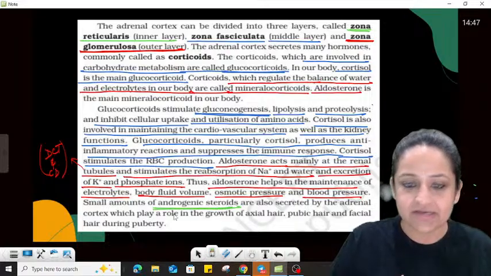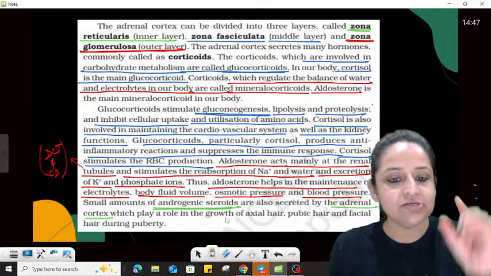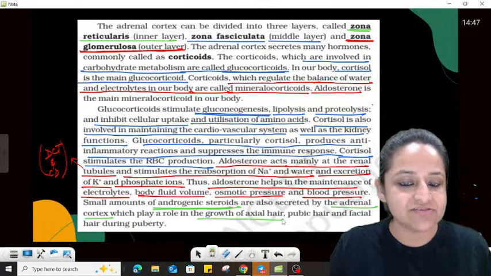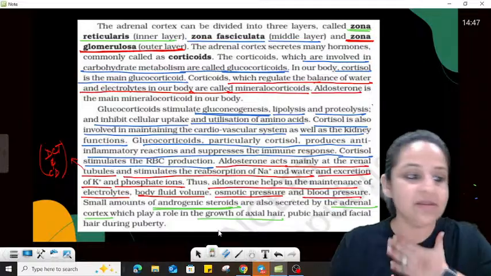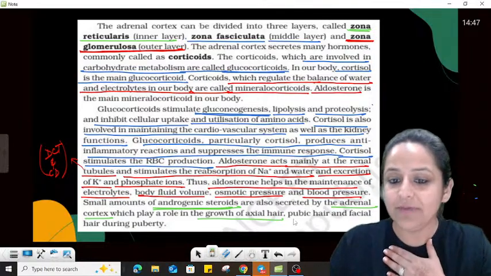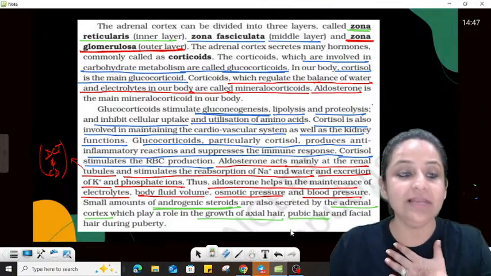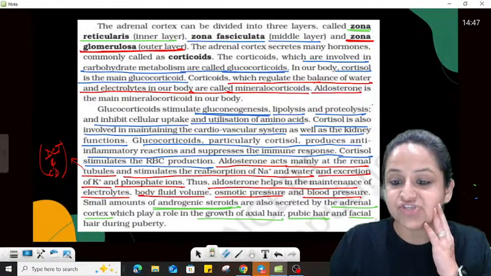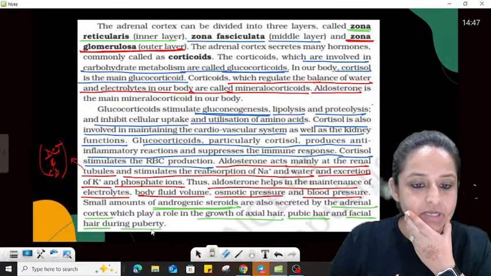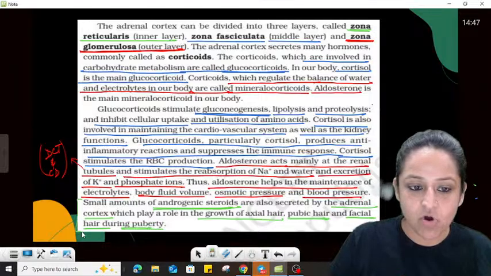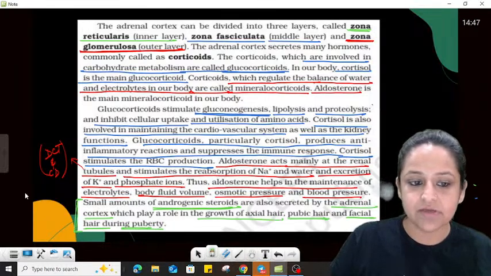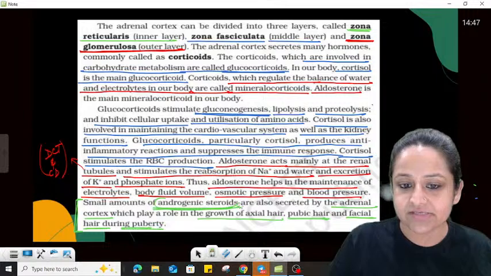They are released by the adrenal cortex, and they play a small role in the growth of axillary hair, pubic hair in the genital areas, and facial hair during puberty. So these are the small functions of sex corticoids, and the main androgenic steroid is testosterone.